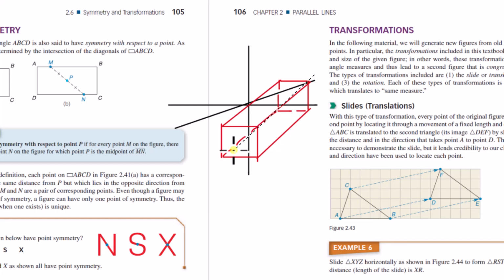So if this box or solid is symmetrical with respect to, say, this line here, then you can pick any point anywhere in the solid, and it's going to have a corresponding point on the other side of the line.